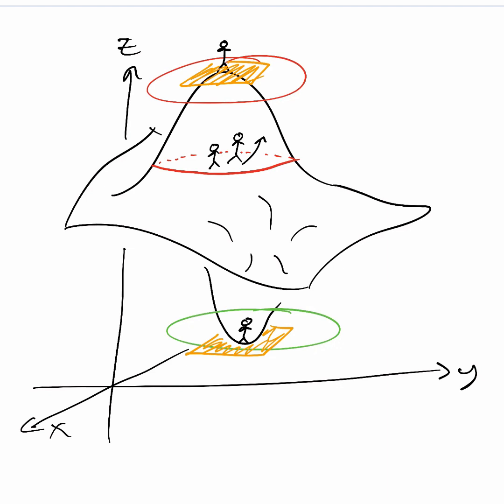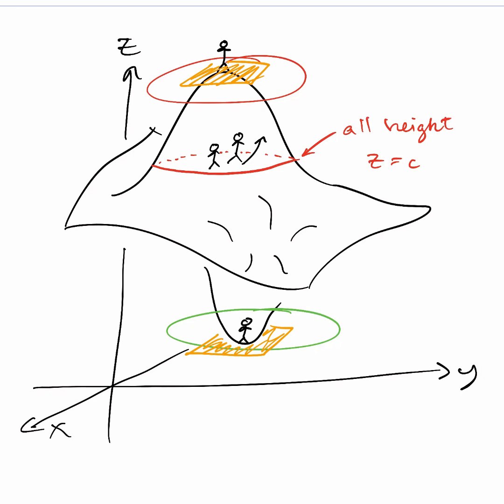So maybe that curve right there is all at height z equals c. You could ask, all right, what values down in the xy plane produced all those outputs with value c?